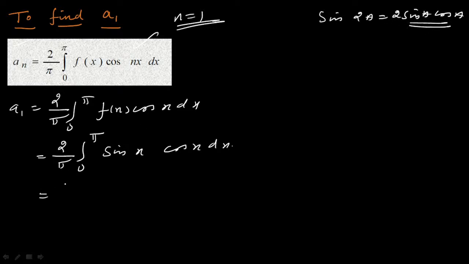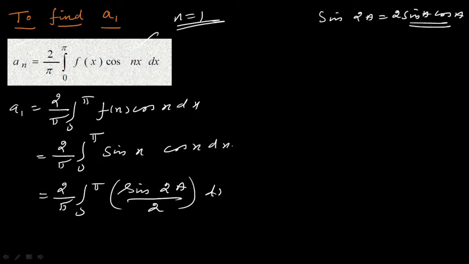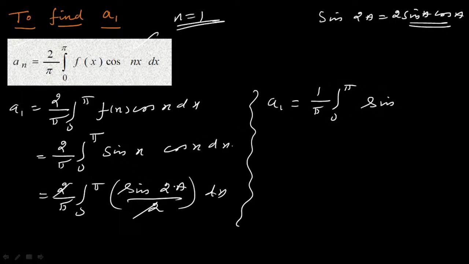So I have to replace this by 2 by pi into integral 0 to pi sin 2x divided by 2 dx. So 2 and 2 being cancelled. So here you have a1 is equal to 1 by pi into integral 0 to pi sin 2x dx.